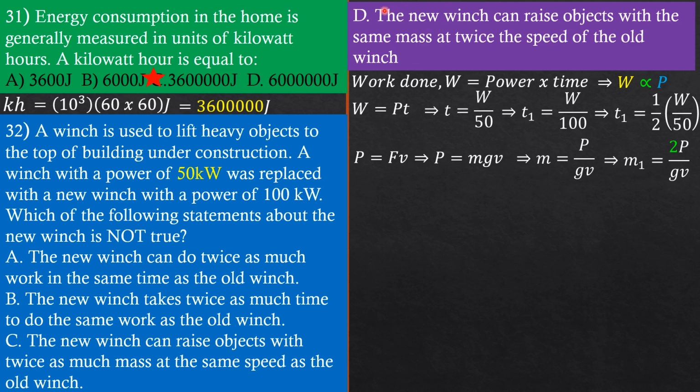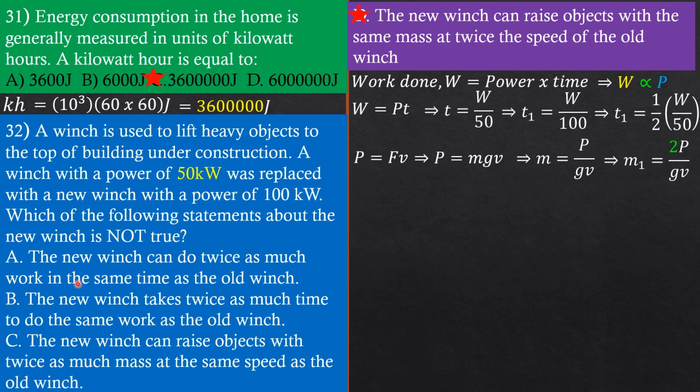Then option D is saying that the new winch can raise objects of the same mass at twice the speed as the old winch. Wait, guys, option C and option D look pretty confusing, right?